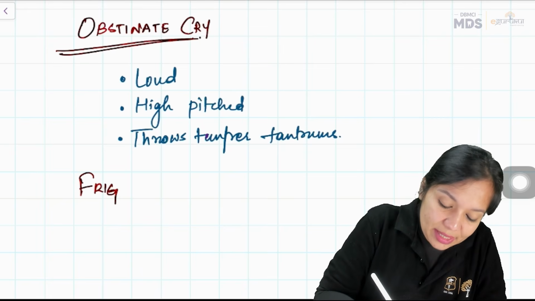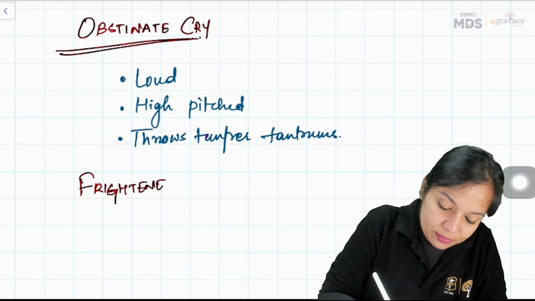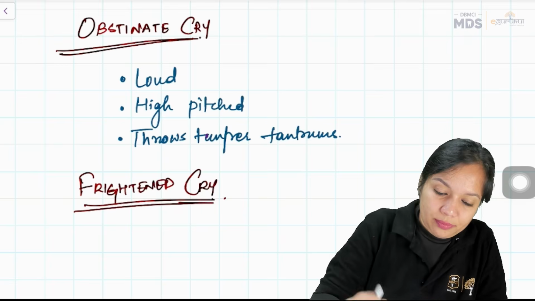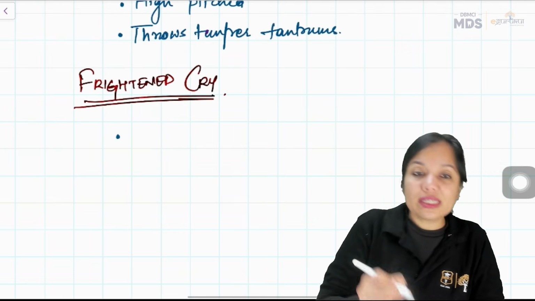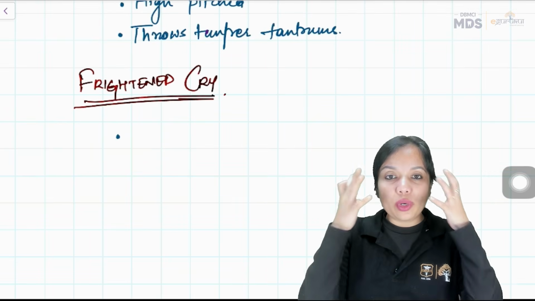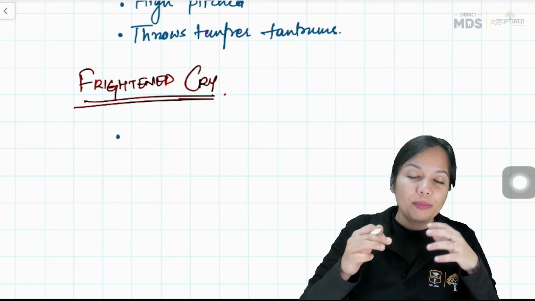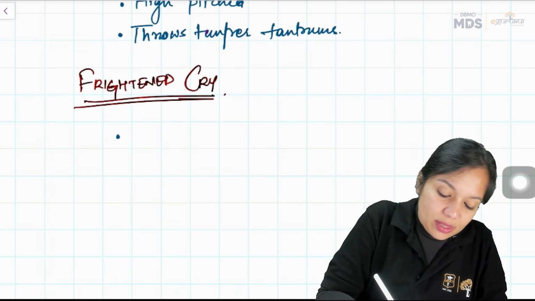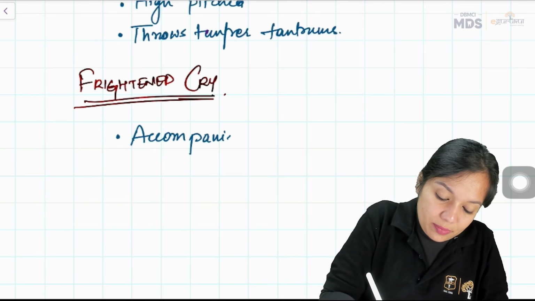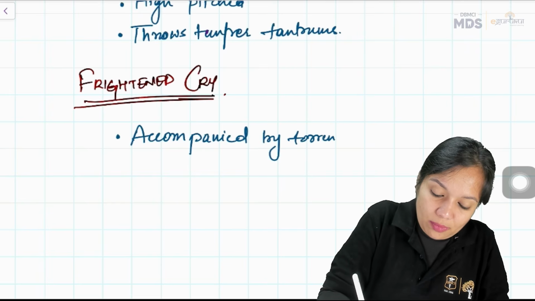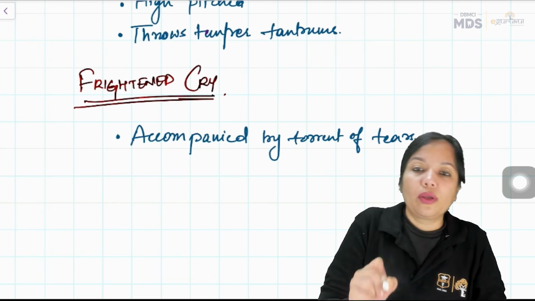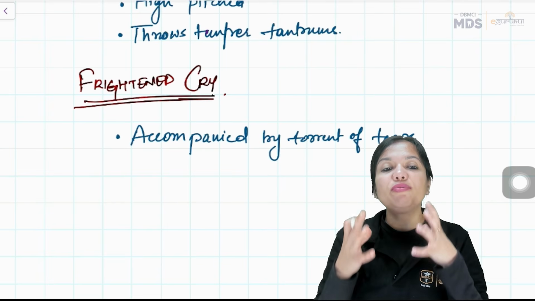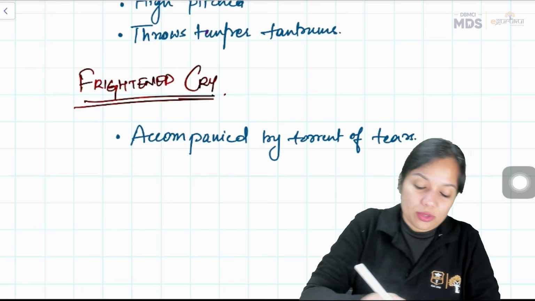Then we have the frightened cry. This is accompanied by a torrent of tears, and there are convulsive breath catching sobs associated with it.